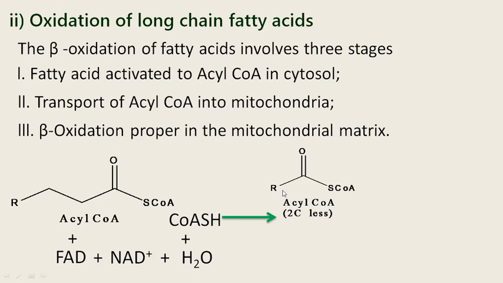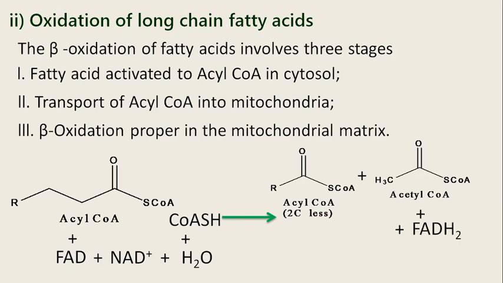Now here is only 1 carbon. In this carbon, C double bond O is attached, and from this the acetyl coenzyme A is clipped off, and acetyl coenzyme A is formed. Other products formed are FADH2, NADH and H plus.